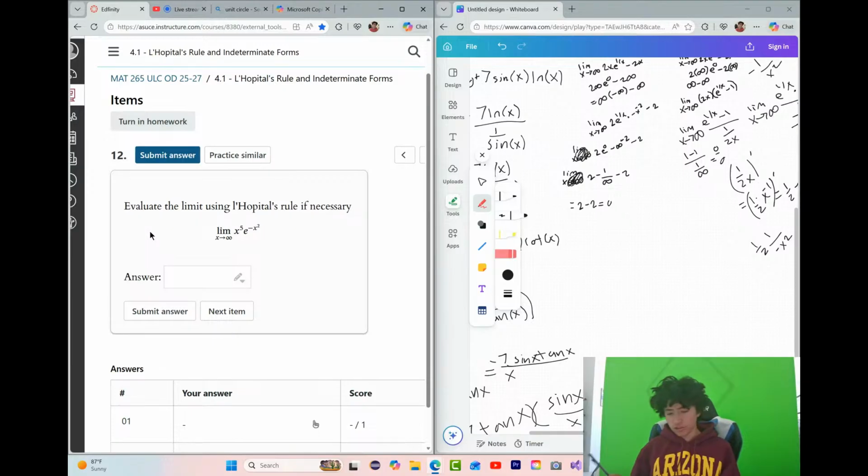Or do we have to apply the chain rule again? Oh, come on. We forgot to apply the derivative here.